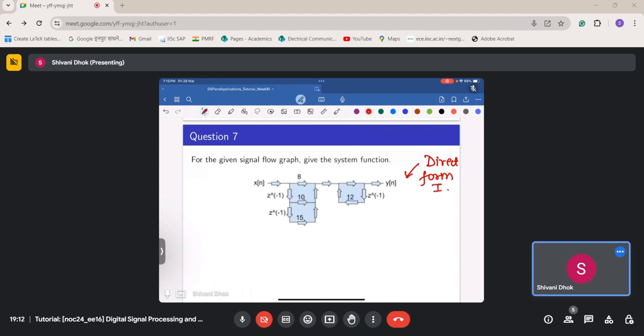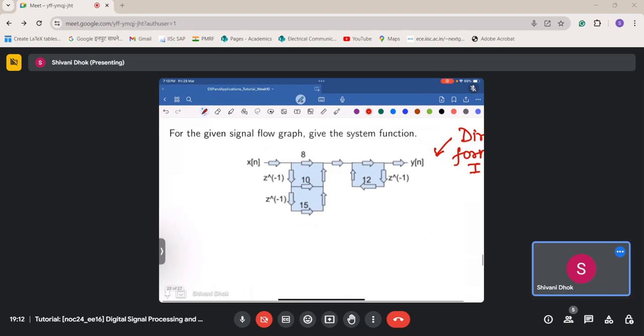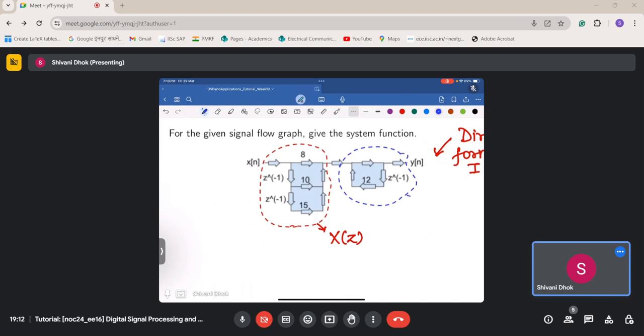So if you observe carefully, this representation is direct form 1. In direct form 1, the first part which we are having corresponds to X(z), and this part will get multiplied with Y(z).